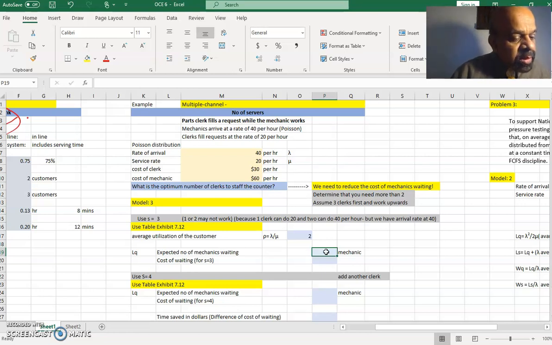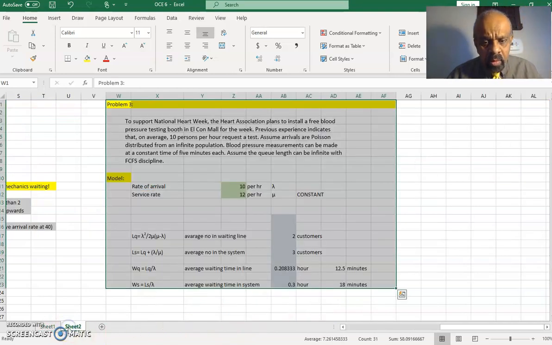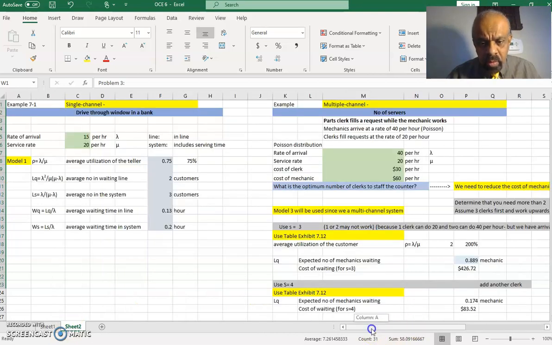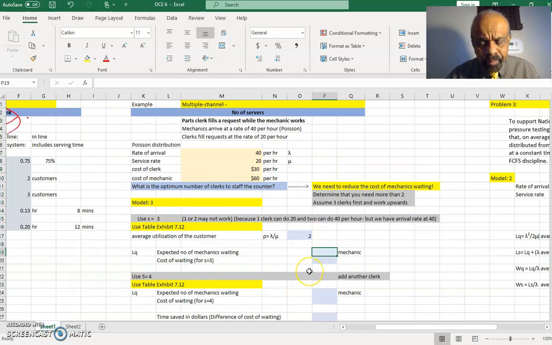If I go through that in that figure, it comes to 0.889. That's the number I get. The cost of 0.889, I'm going to do in the next video.